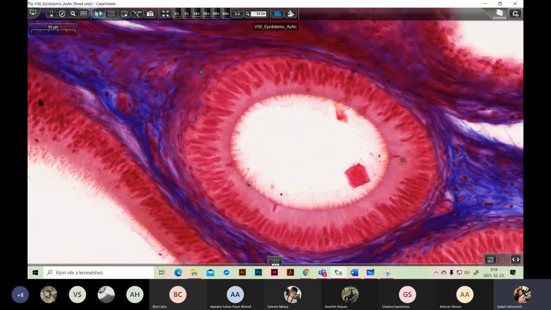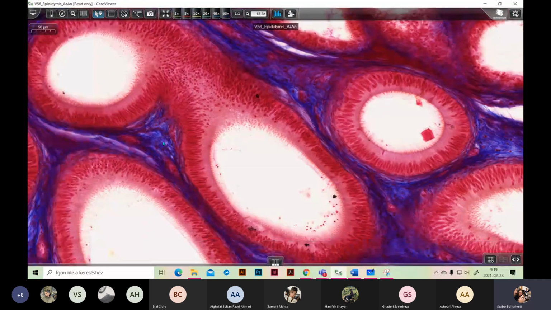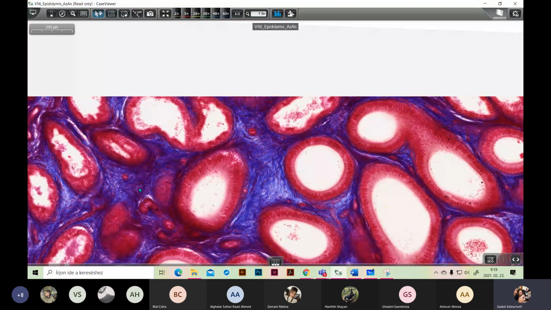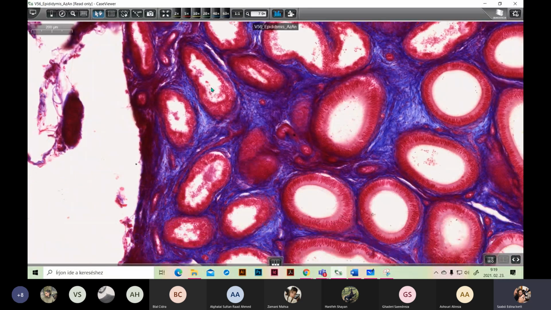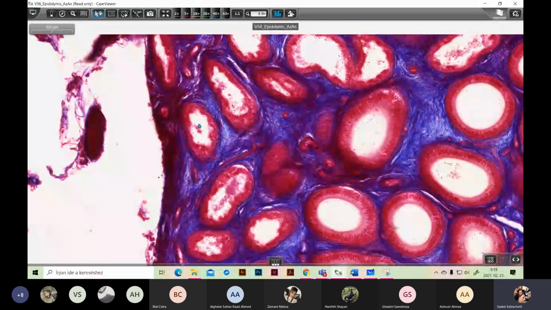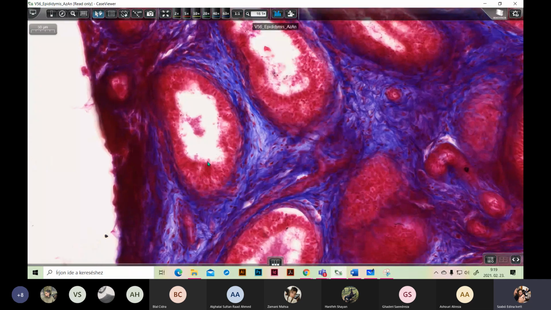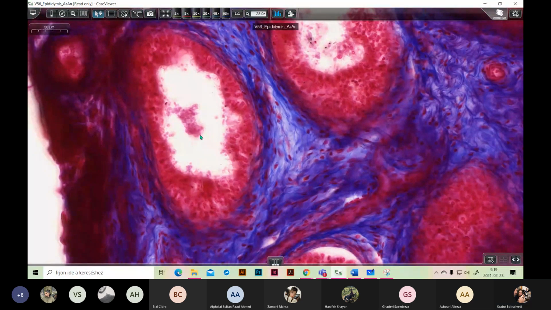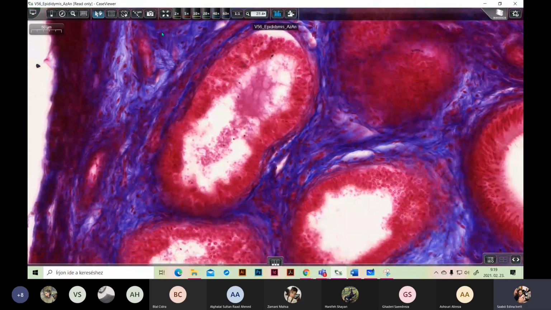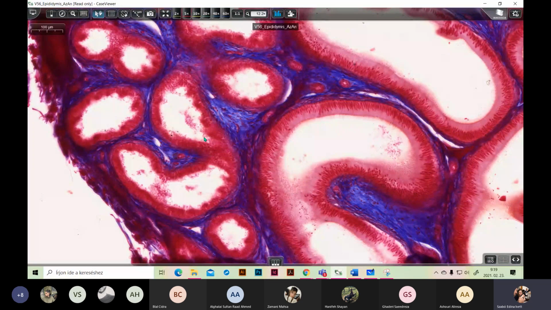It's not so nicely visible with Azan staining, but these cells should be smooth muscles. Smooth muscle cells. Here, which type of duct is this? That's the efferent duct of testis, obliquum. Very good.